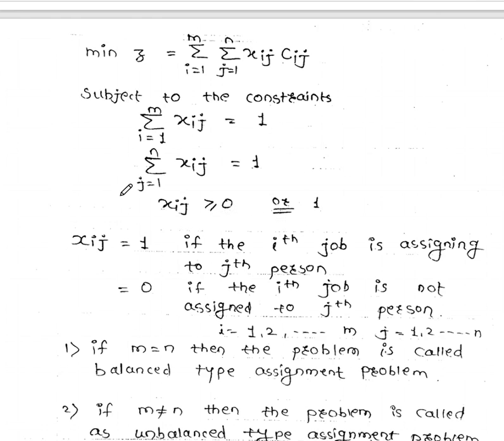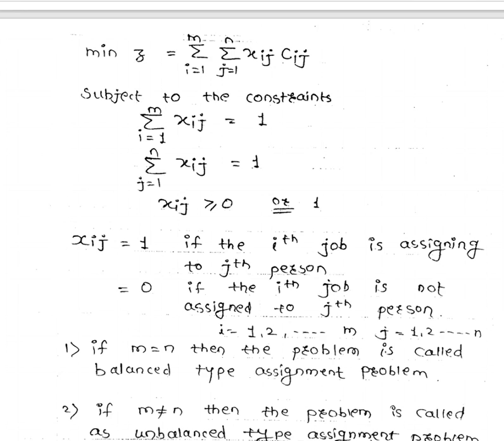So these are the conditions of the assignment problem. Here xij equals 1 if the ith job is assigned to the jth person, and xij equals 0 if the ith job is not assigned to the jth person. When we solve problems on assignment problems, we will use this condition.